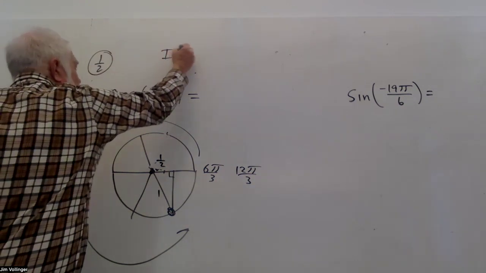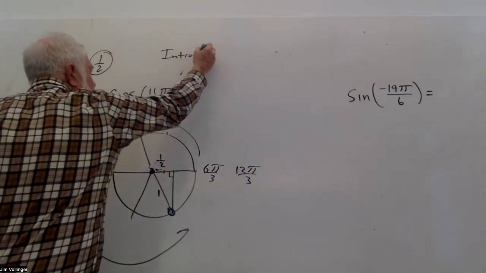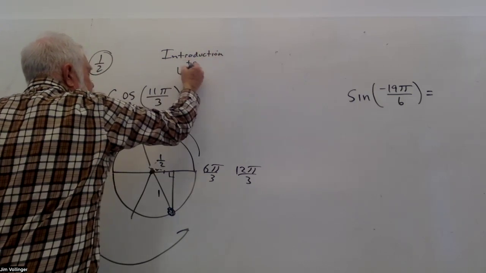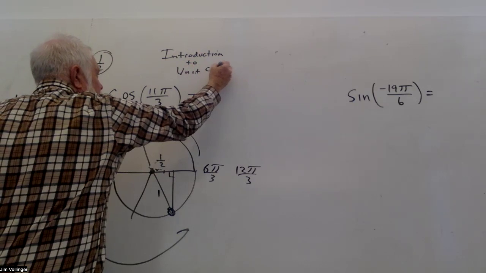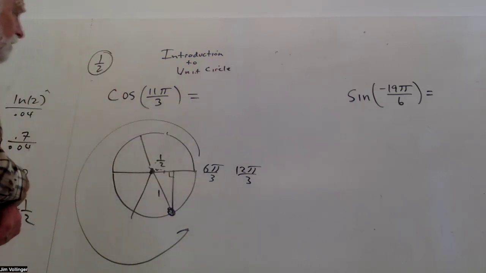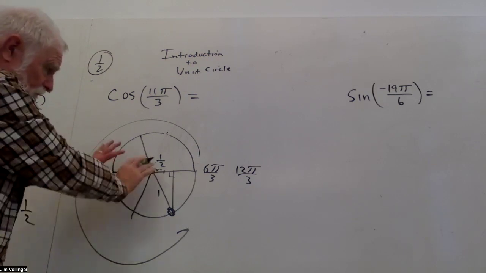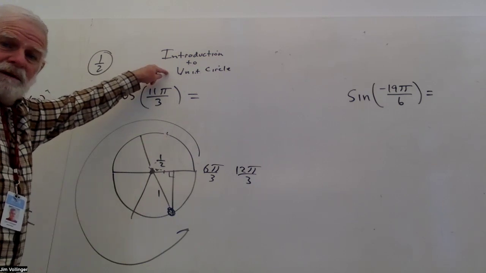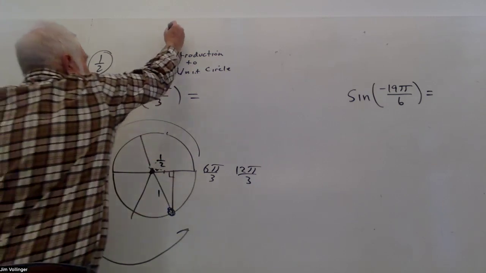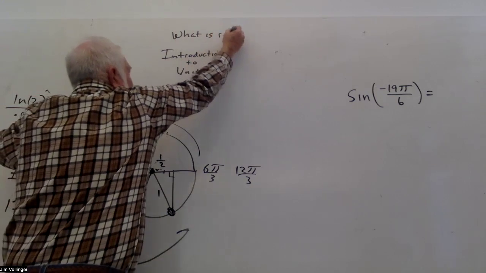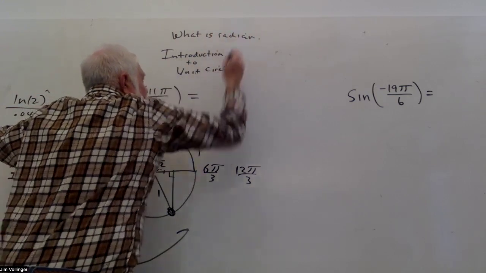If somebody's just starting to look at this material, introduction to unit circle work. There's some lecturing going on there to get up and running with this. And so if that's the first time you've seen this, well, you got to go here. Right? And what is a radian? You got to look at that, or somebody's videos on what a radian is.